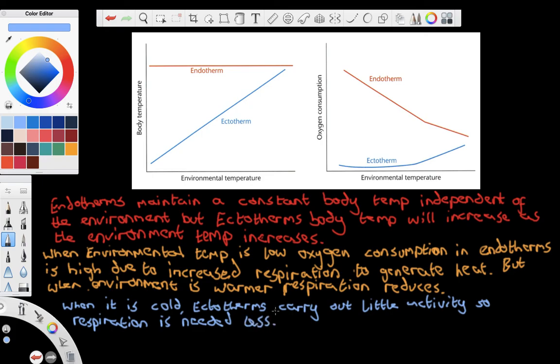Okay? But when it's warmer, the organism carries out more respiration as it's doing more activity, and therefore there is a greater need for oxygen.